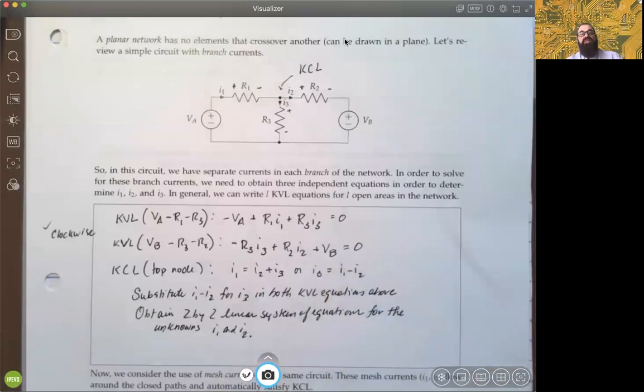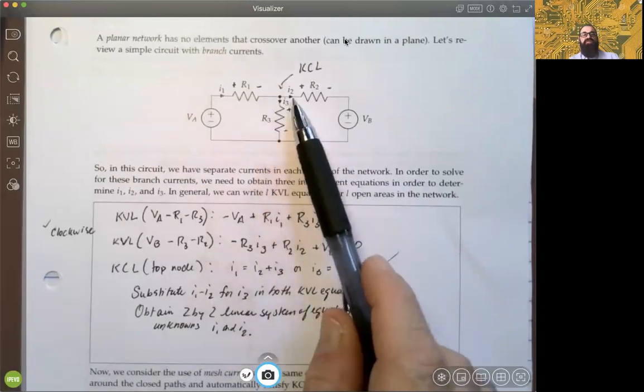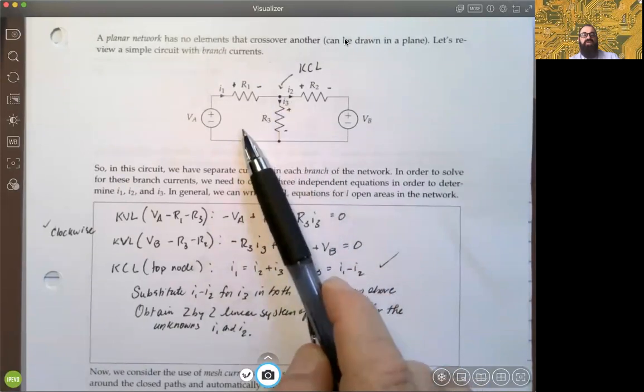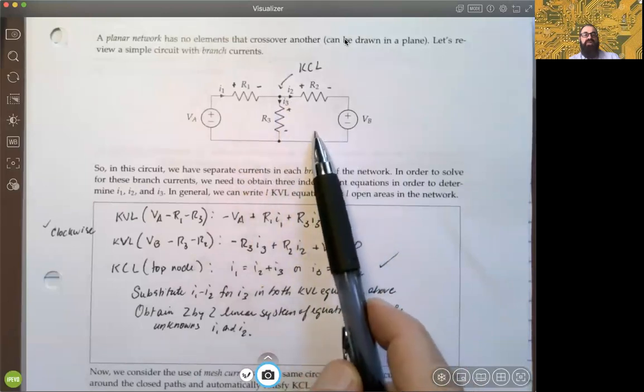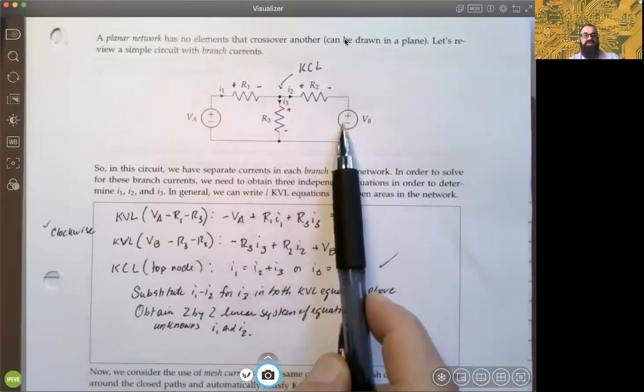What's very interesting here is this relationship: by looking at what we know has to be true from KCL, there was this current flowing through. In this loop, we had I3 as a representation of the current flowing through the resistance. And over here, we have this current I2 coming through because these two things are in series.